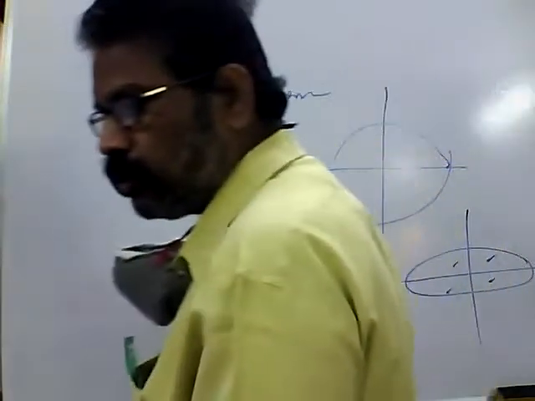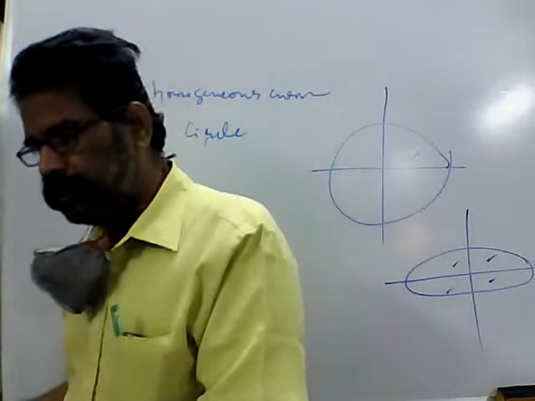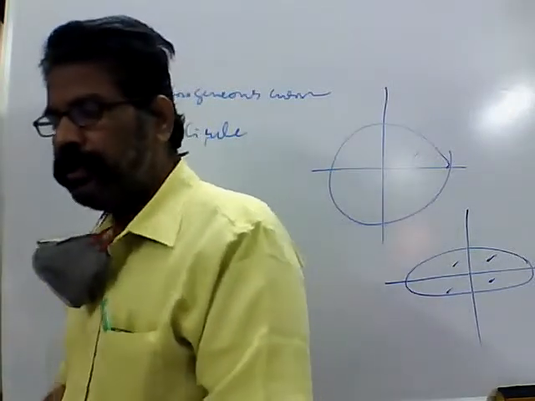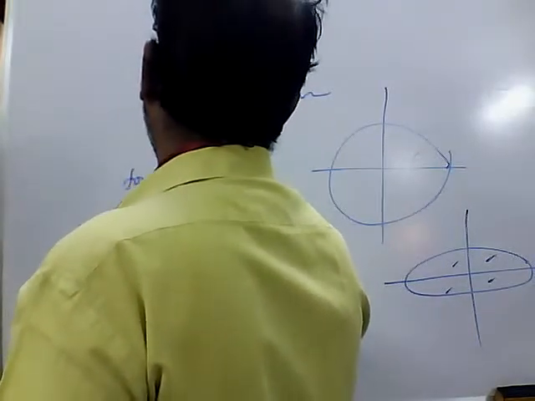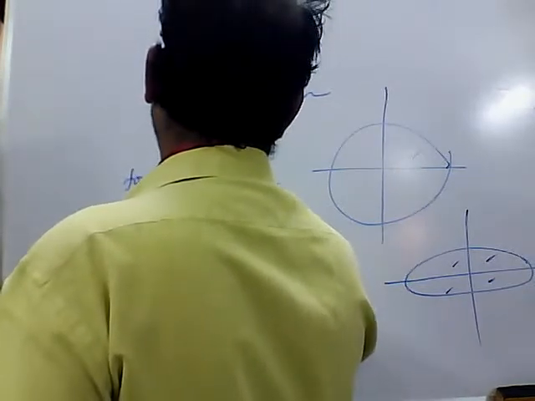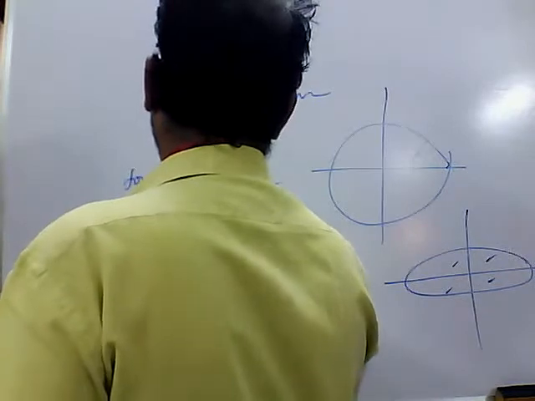So in such cases, what to do? Specifically, you have to identify the region and take the limits. In case of y dx, take the x limits. In case of x dy, take the y limits. So for the x-axis, take y dx and consider x limits.